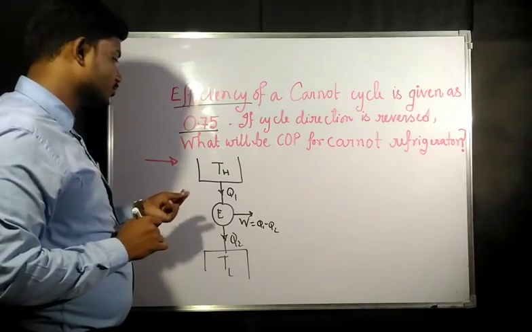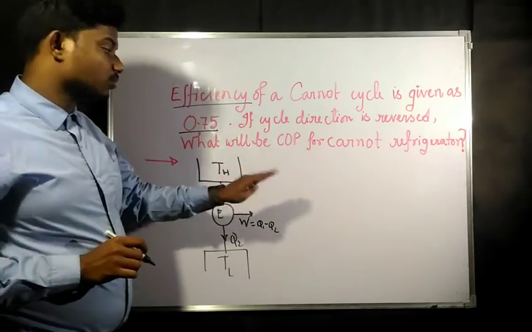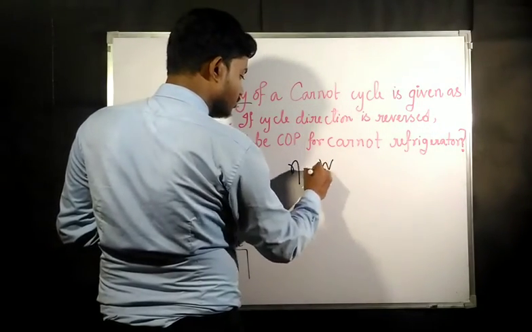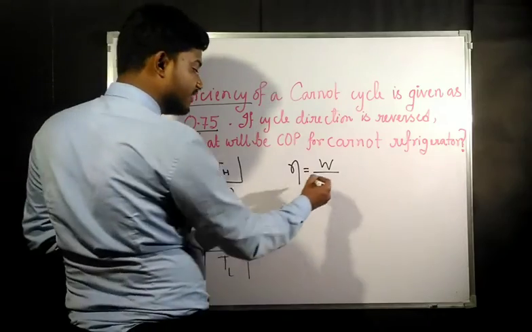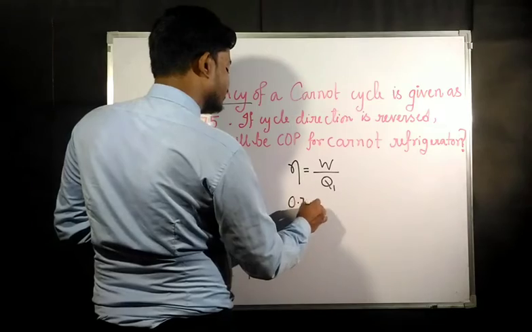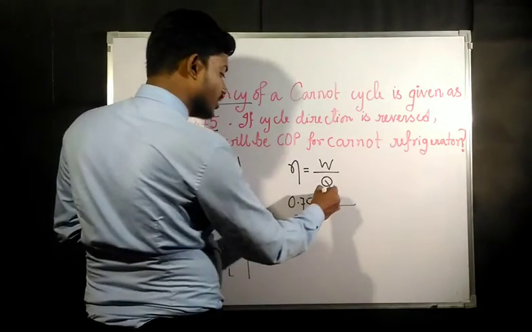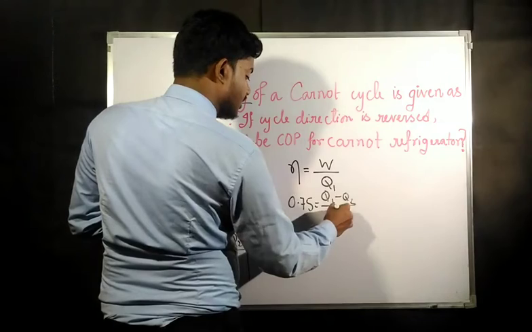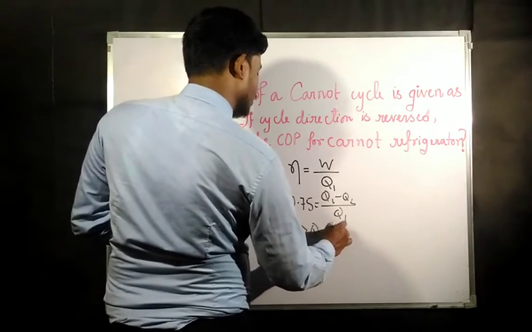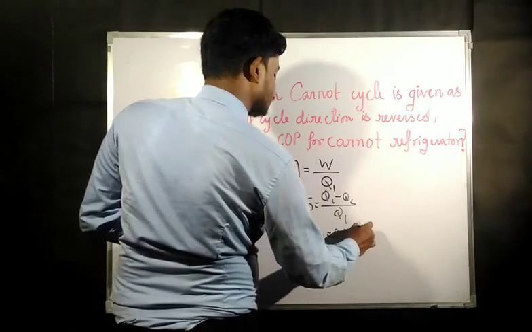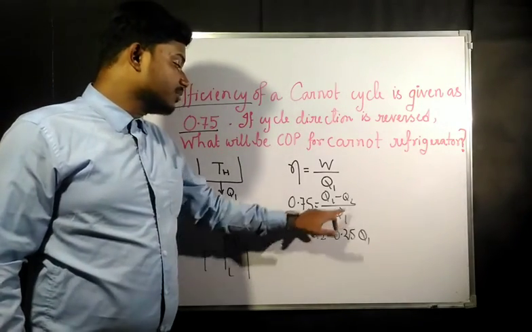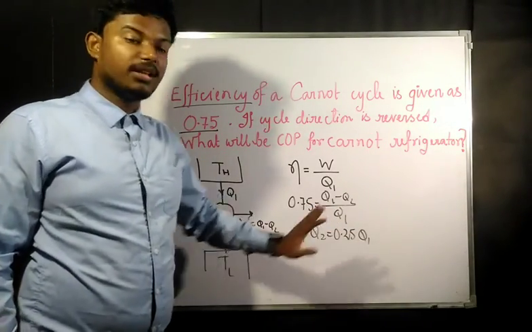Efficiency is W, the work we are getting, divided by the heat input. So 0.75 is Q1 minus Q2 divided by Q1. From here you can easily say that Q2 is going to be 0.25 of Q1.